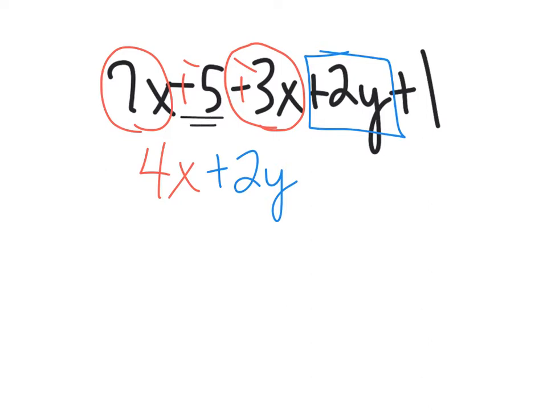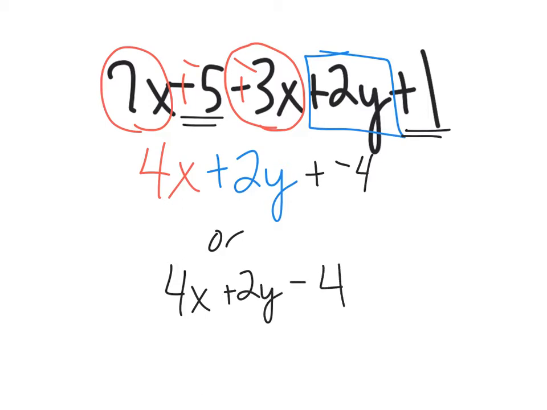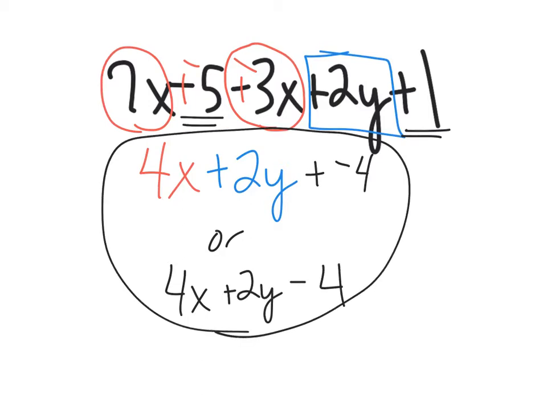So we've got a negative 5 and a positive 1. Negative 5 plus 1 is negative 4. So you can say plus negative 4. In the book, they're probably just going to put it as minus 4. And those are the same either way. And at that point, there's no like terms left, no parentheses, so we're in good shape.